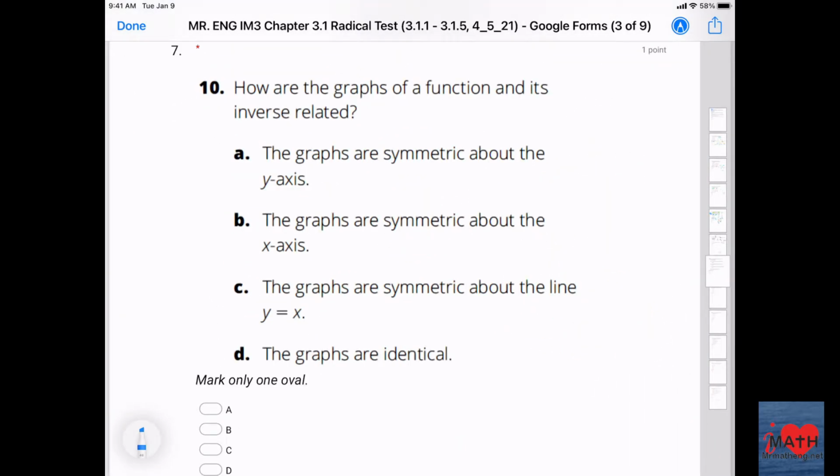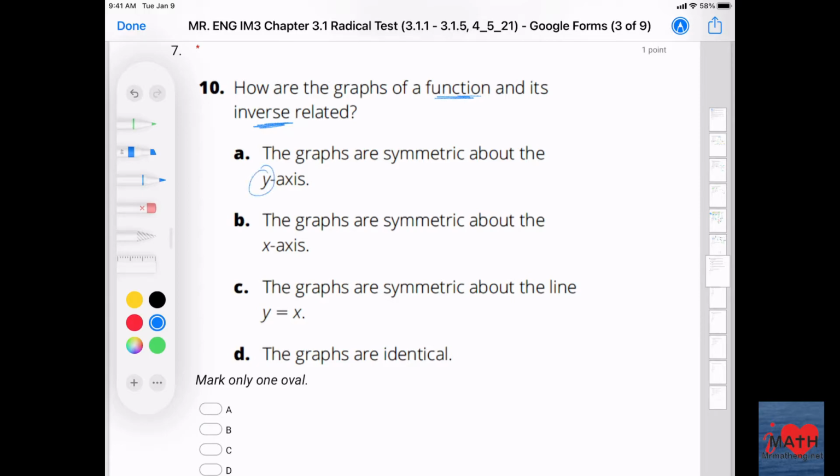Alright, question number 10. How are the graphs of its function and its inverse related? Function and its inverse, okay? Let's just go through the choices and you'll see which one's the correct answer. The graphs are symmetric about the y-axis. So remember, I have a silly phrase for that one. That one's called evenly.